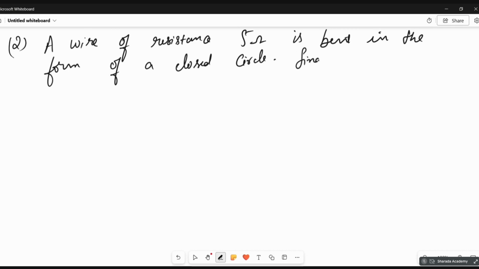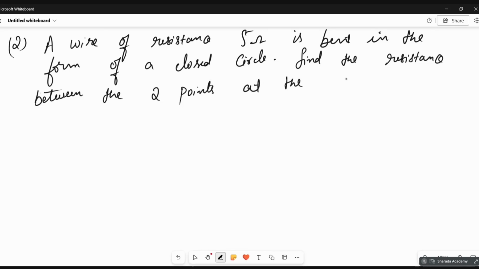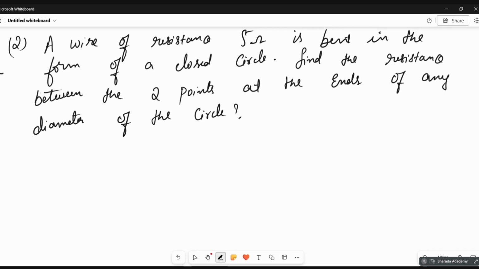Find the resistance between the 2 points at the ends of any diameter of the circle. Think and do. This is also an exam question, 2020.